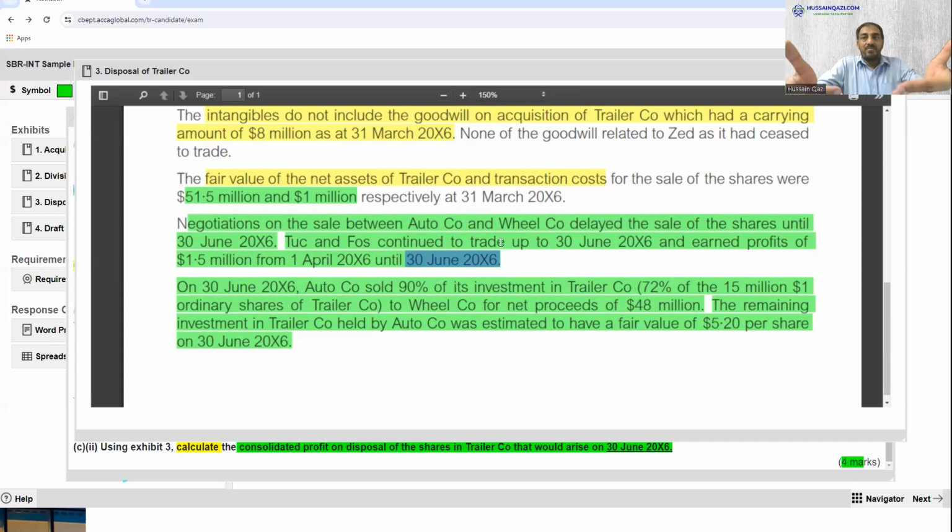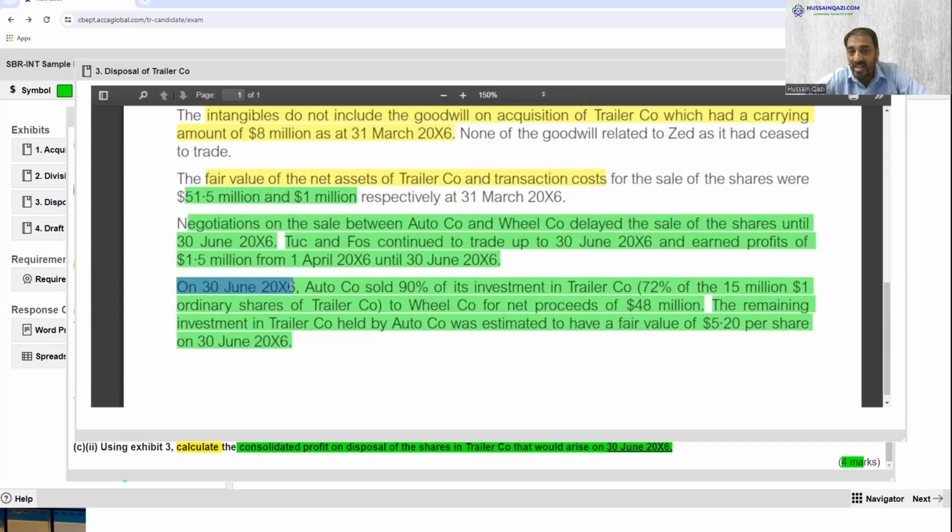So we have to report in our consolidation as disposal group because the criteria are already met. But see, second requirement, disposal after the year end. So calculate the gain or loss after the year end. So these two paragraphs are about the data related to calculating gain on disposal.